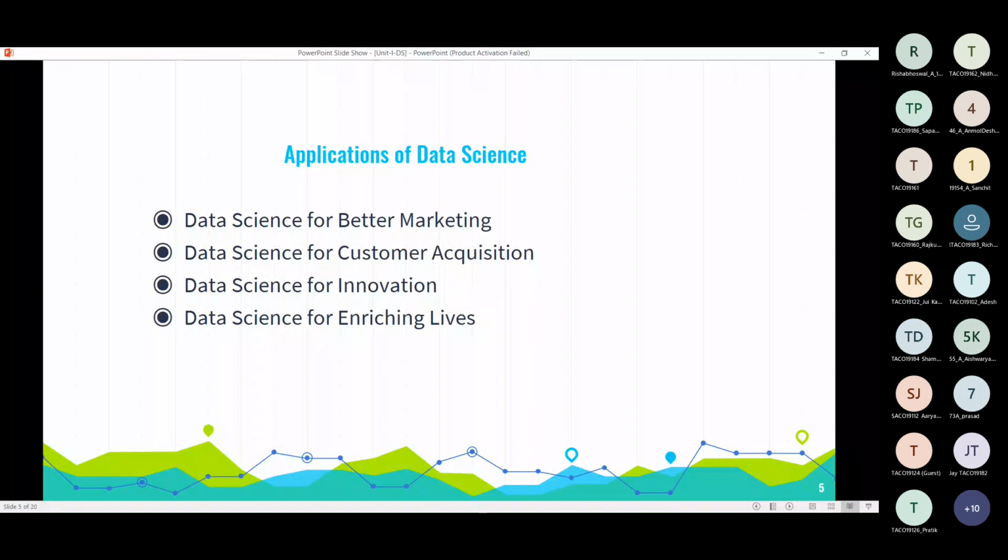So data science is for better marketing, customer acquisition, innovation, and enriching life. Let's see them one by one. Why do we say data science is for better marketing? Companies use data to analyze their marketing strategies and create better advertisements.